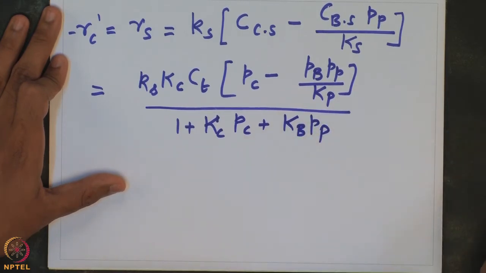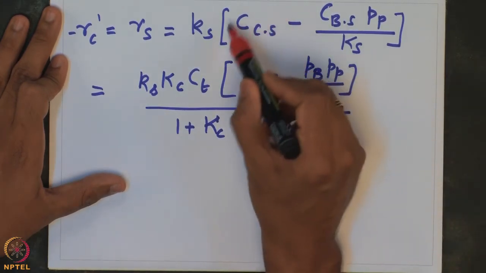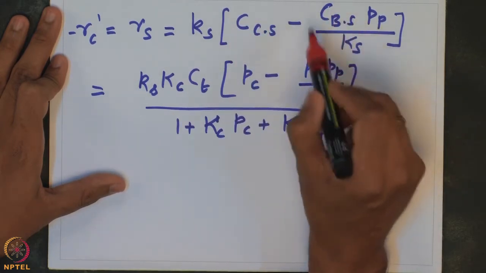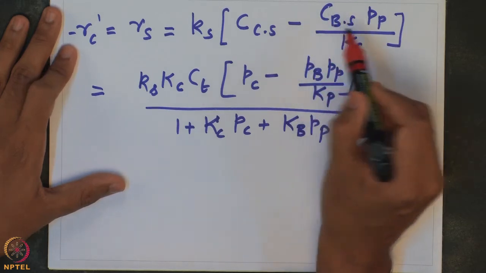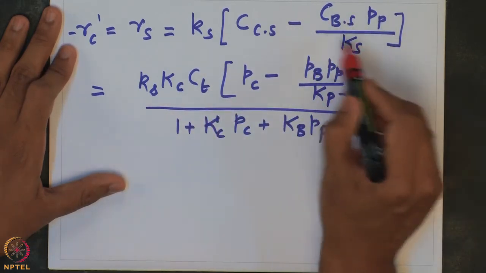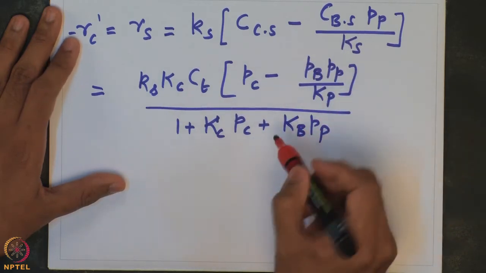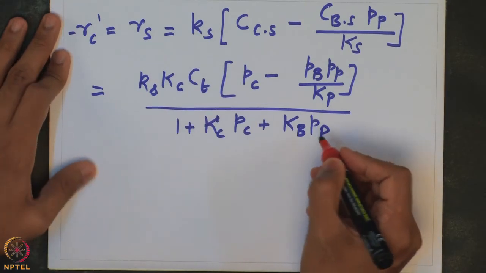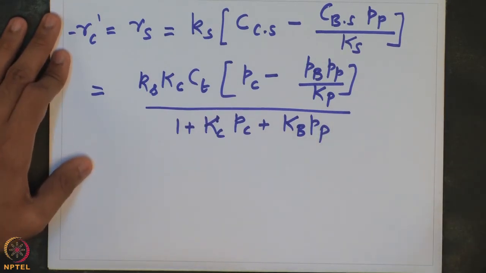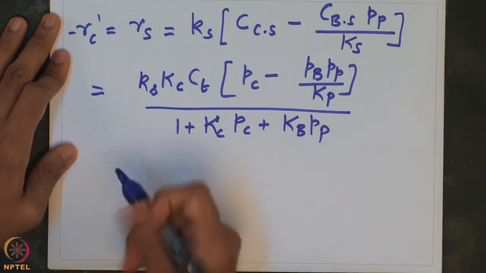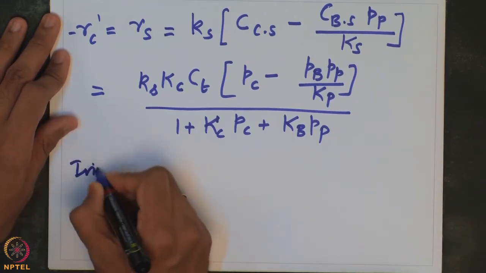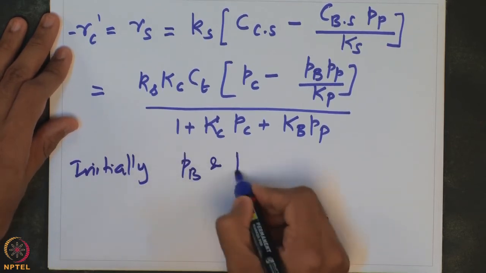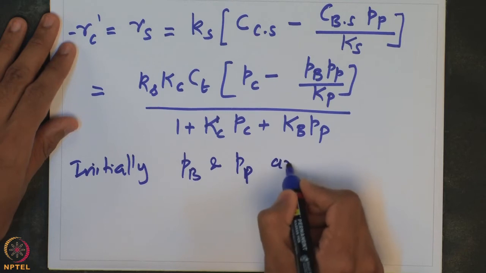All that is required is to substitute the concentration of CCS that we found a few moments ago and the concentration of CBS in terms of the partial pressures and the equilibrium constant, and substitute for the concentration of the vacant sites. Then after a little bit of algebra, we can see that the rate at which the overall reaction happens is given by this expression. So once again, let us say initially Pb and Pp are negligible.